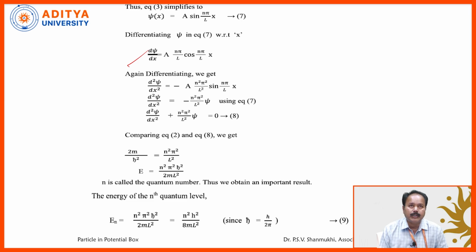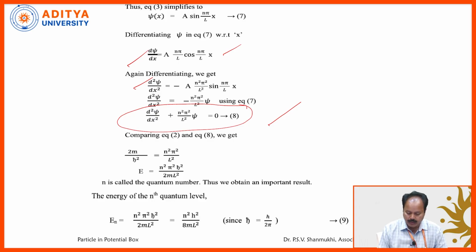You will get A into the differentiation of sin theta, which is cos theta: A into n pi by L into cos of n pi by L x. Again I take d square psi by dx square, and on simplification we get d square psi by dx square plus n square pi square by L square into psi is equal to 0.